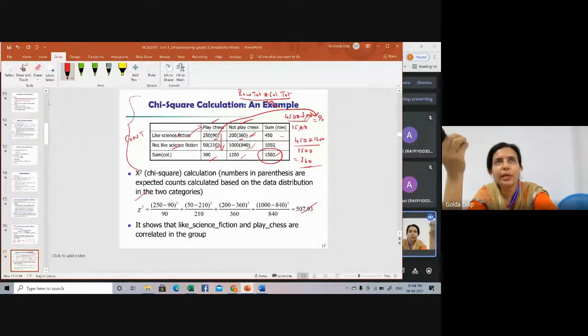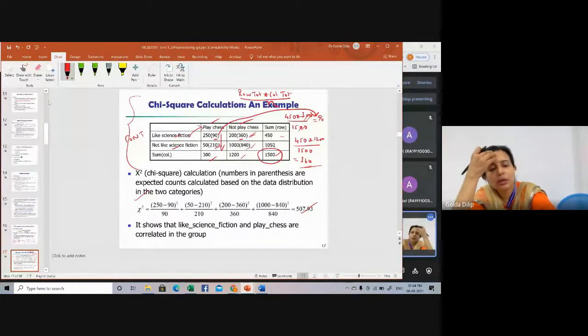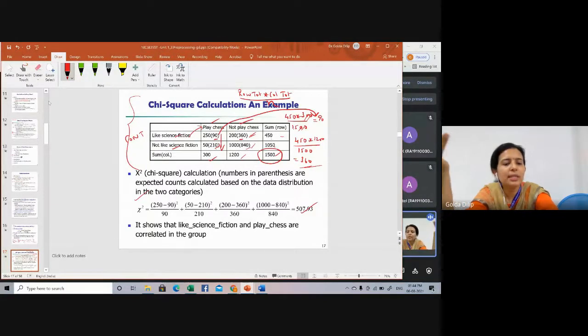For that you need to look at a table. If you open any statistics textbook, you can see the upper percentage points for the chi-square distribution. From there, for significance level 0.001, you will get the value 10.828.